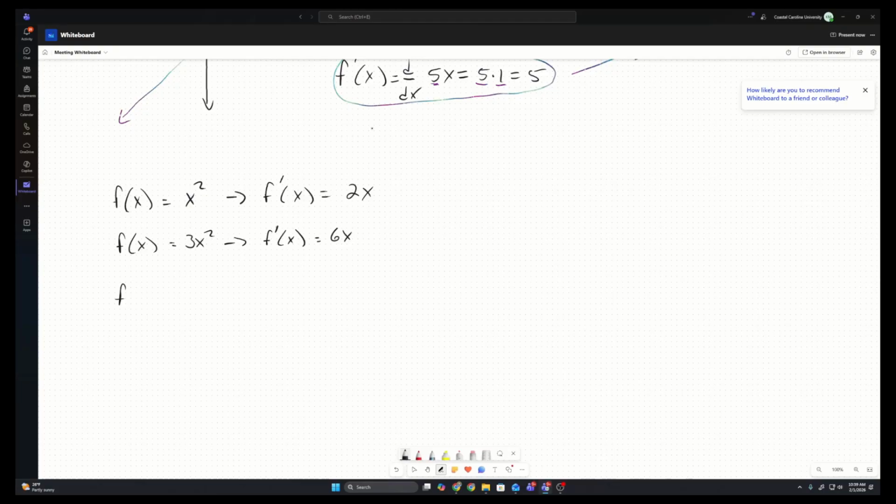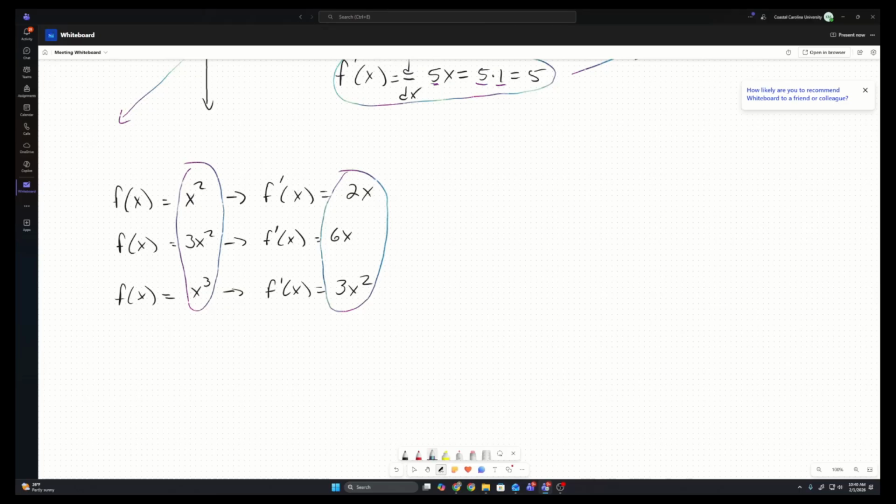When we took x cubed, it turned into 3x squared. So the question is, if I look at where we started and where we ended, is there a pattern for these cases?